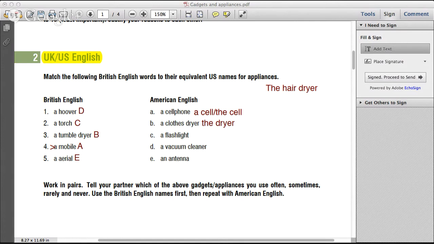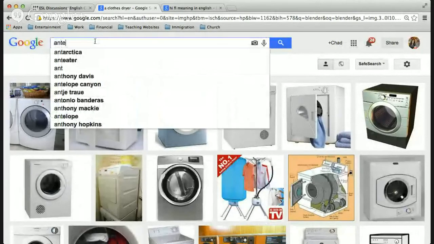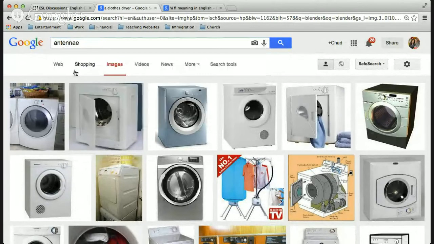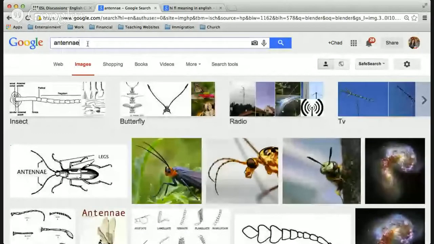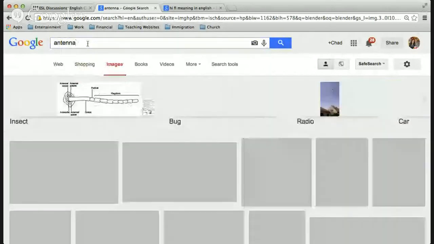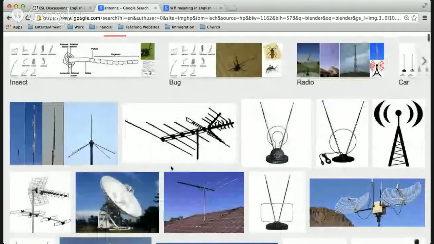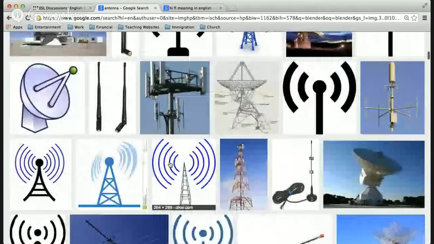If we're looking at antenna, let me show you a picture real quick. These are the antennas that are outside of your house, or on your car. In England they would call these an aerial.